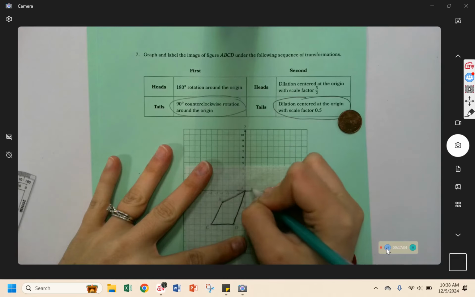We're going to plot those in their new location. Connect them with the straight edge.